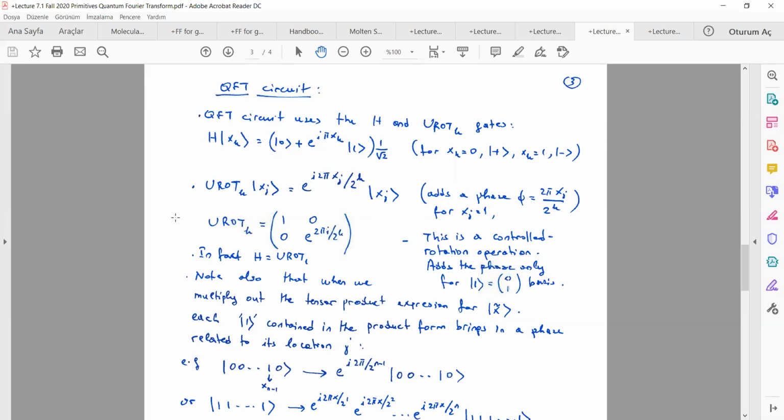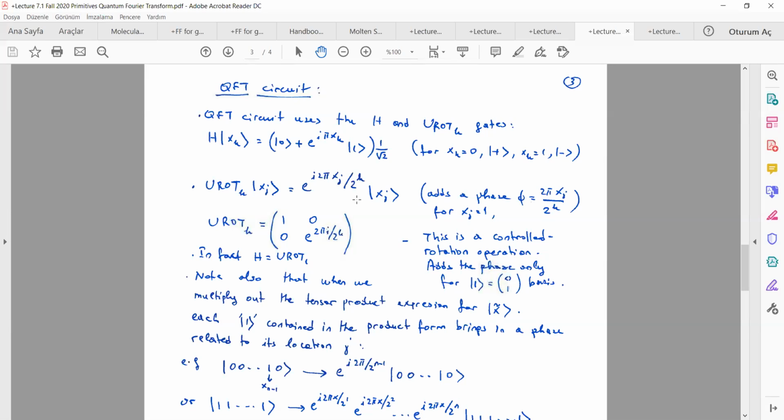And the second component that this QFT circuit uses is U0 sub k. It's a unitary rotation on the state x sub j with a parameter k. K would determine basically the phase angle, that's the location in the binary string, right?